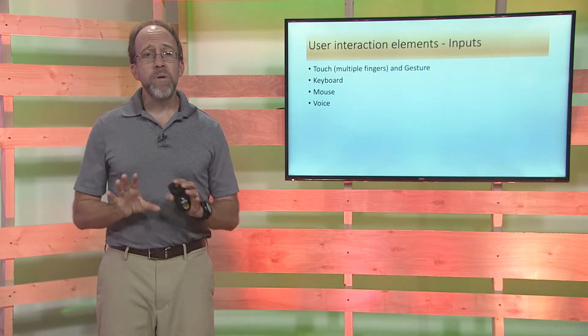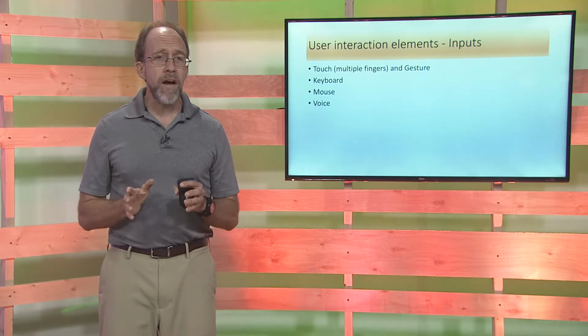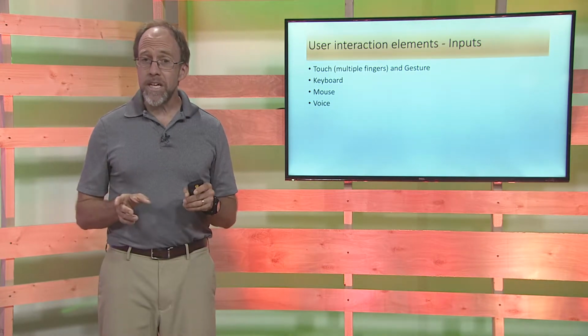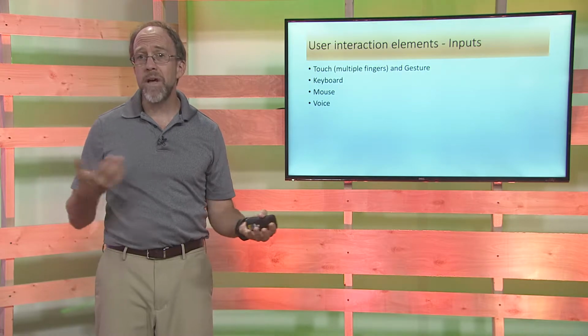So that ability to actually interact through touch is going to bring about a whole rich set of things that we can do. But also realize that when you're designing for desktop systems, you may have touch, you may not. But when you're designing for mobile devices, you can really design for that touch interface.